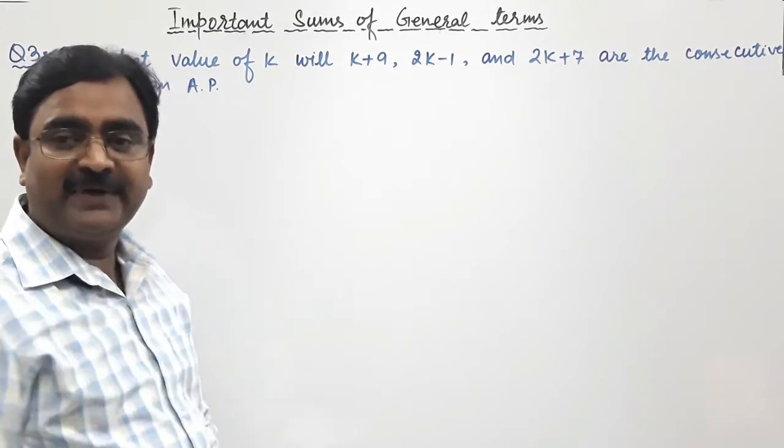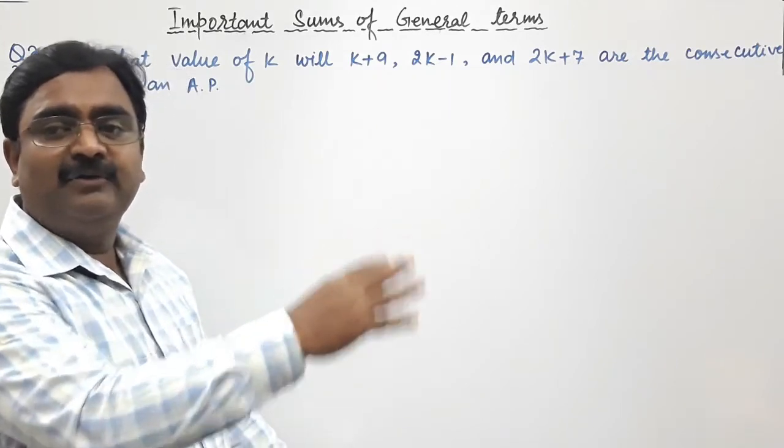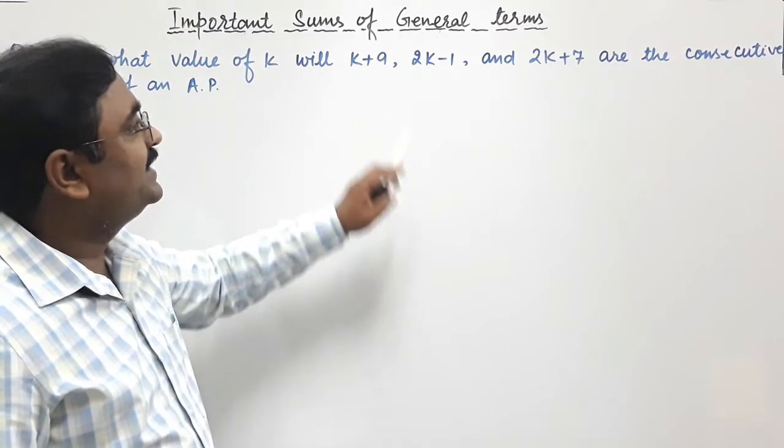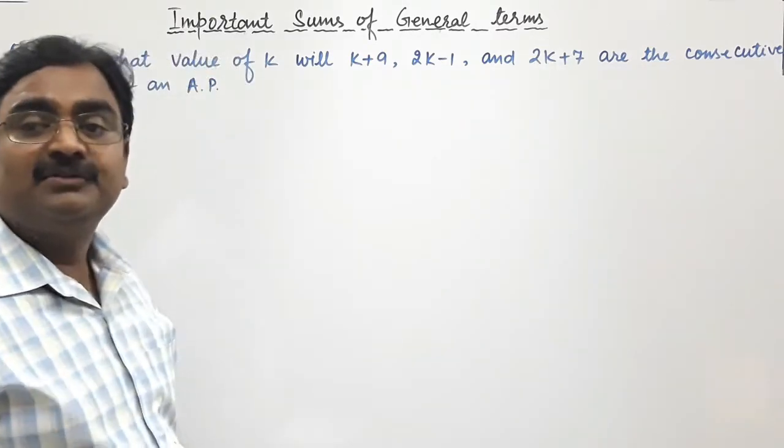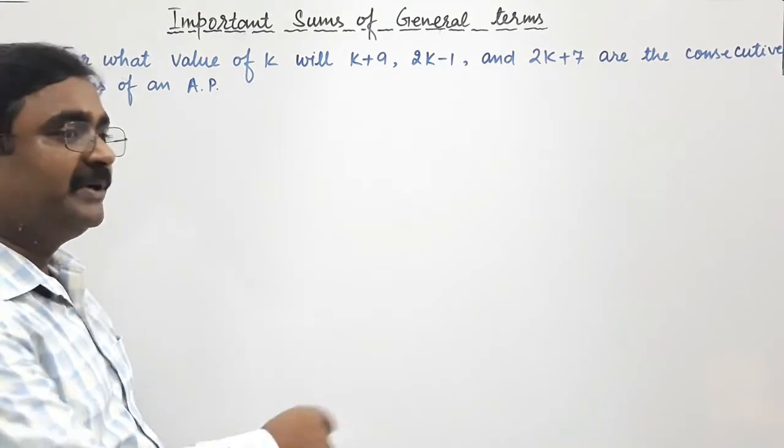This we have to find out. What will be the value of k so that k plus 9, 2k minus 1 and 2k plus 7 are three consecutive terms of an arithmetic progression.